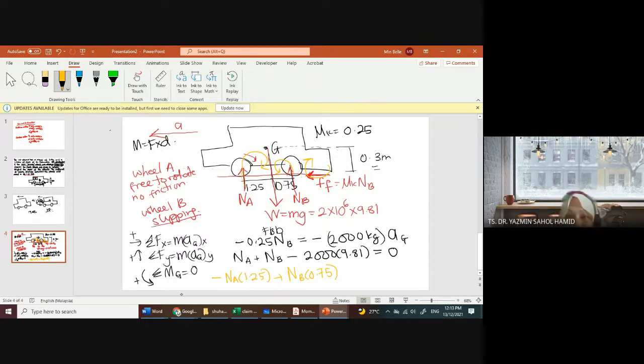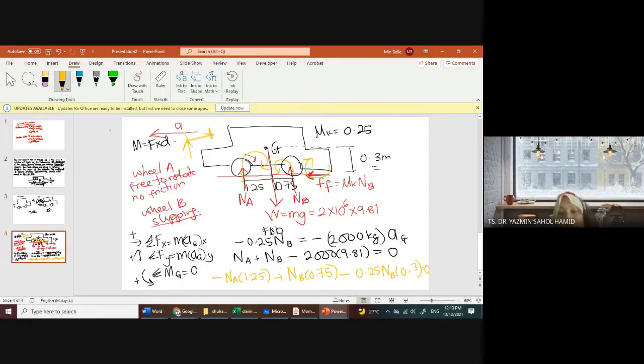So dia akan jadi negatif lah 0.25 NB tapi kali tinggi ni lah. Kan? Sebab dia adalah dia punya force. Kalau macam ni dia punya distance kita kena ambil perpendicular. Betul tak? Perpendicular distance. Kalau force distance kena perpendicular. So that's why kita ambil 0.3 equals to kosong.